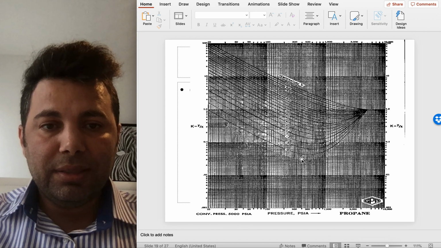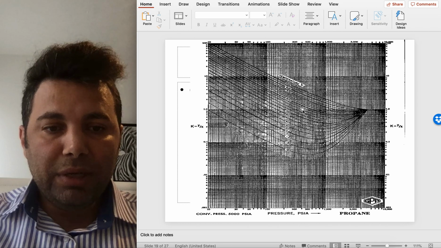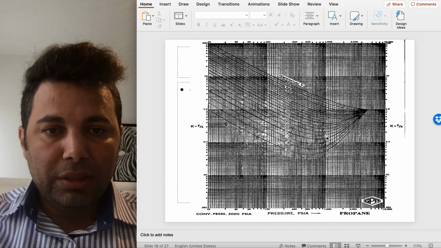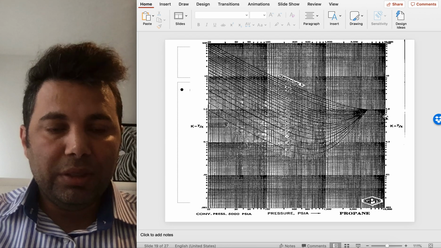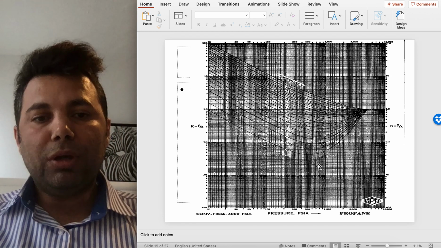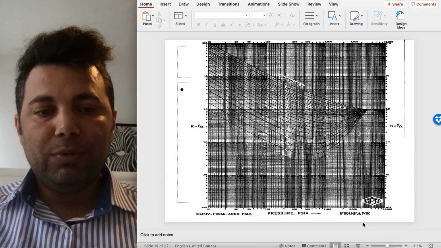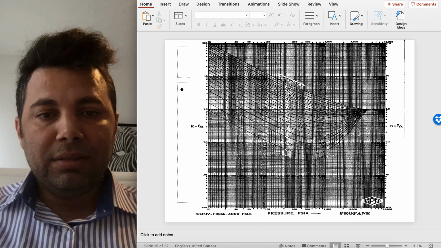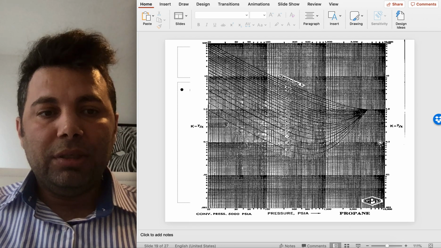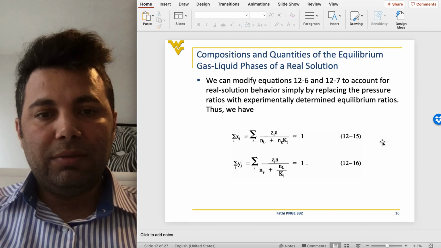If the temperature is 200 and pressure is 1,000, at 1,000 I draw a line all the way to 200, and then I read this value. So this is 0.1, so it becomes around 0.8. So for any pure component like propane, for any pressure and temperature, the K values can be obtained from the end of the book.